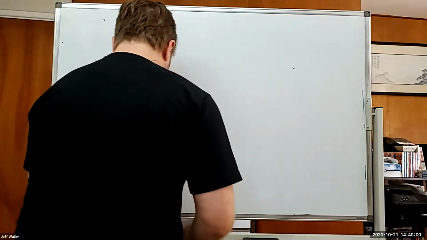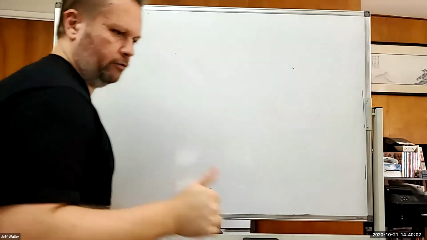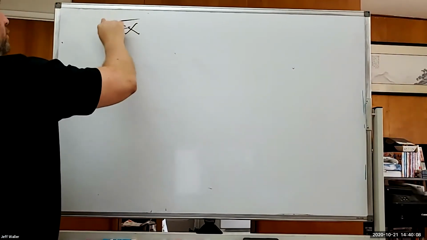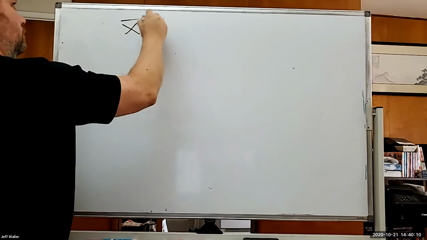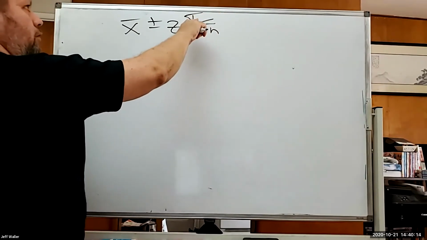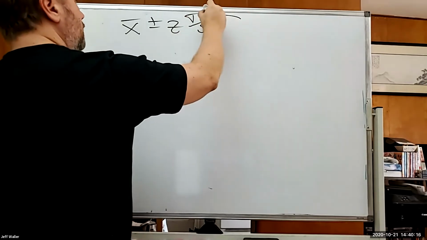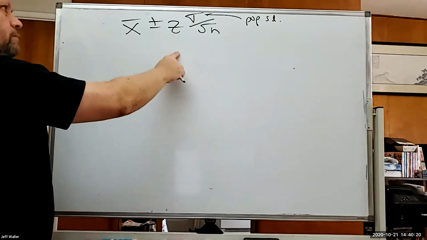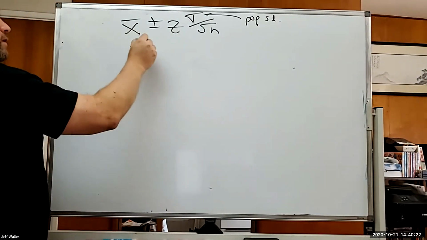We've got 2 of the 3. There's going to be a total of 3 confidence interval formulas. This is the first one we talked about, and notice how we have to know the population standard deviation to use this. Then we just did this one.